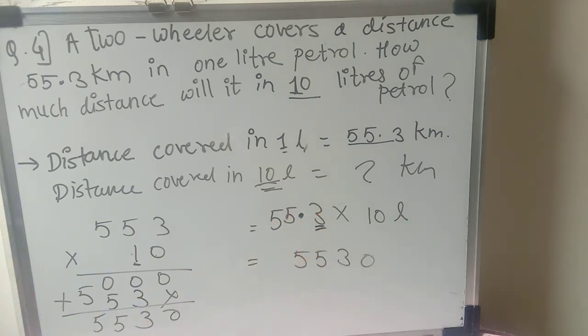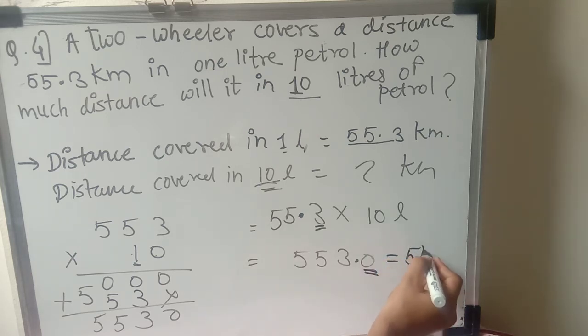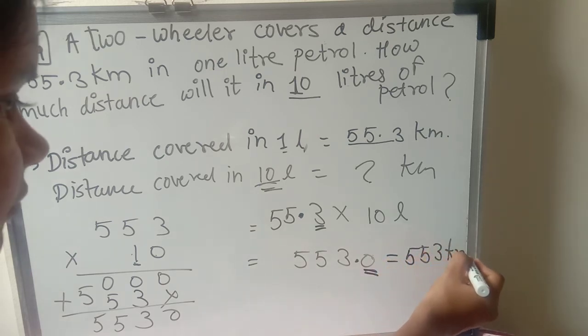Now in the decimal number, after the decimal how many numbers are there? That is only one digit. So from the right side count one digit and put the decimal. Okay, so I told you before, after the decimal, if the 10th place is taken by 0, there is no need to write. You can write 553 kilometer.